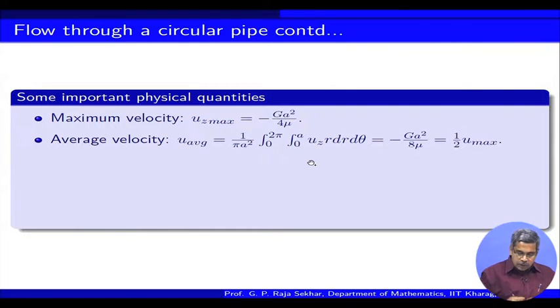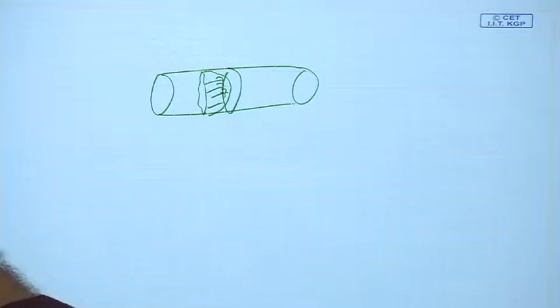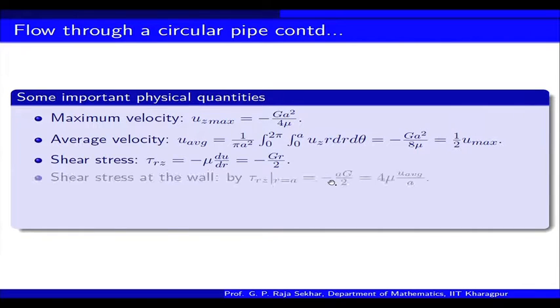So, there is a relation: the average velocity is half of u maximum. Then the shear stress, r z or z r, is this. That is a linear relation with respect to the radial coordinate. Shear stress has a linear relation with respect to the radial coordinate.